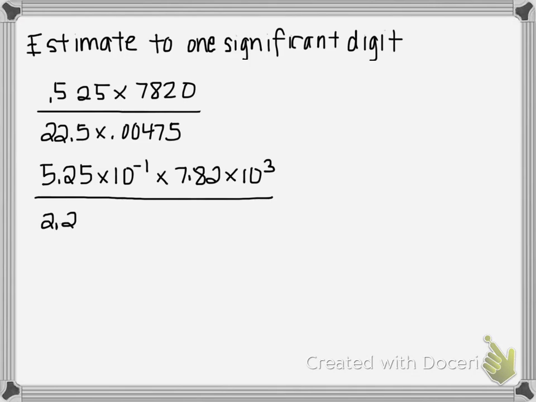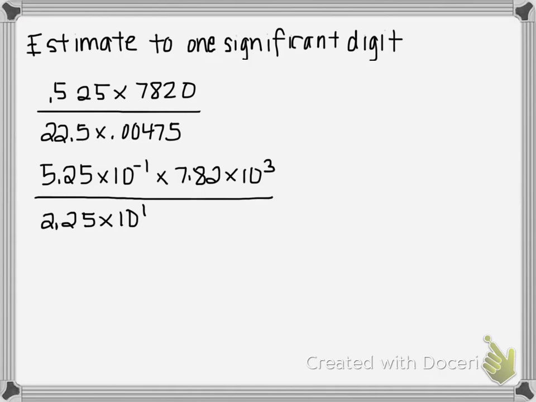So what's that here? 2.25 times 10 to the first, right? So let me just double check each of these at this point. 5.25 times 10 to the negative 1 would give me 0.525, so that's correct. 7.82 times 10 to the third would give me 7,820, correct. And 2.25 times 10 to the first would give me 22.5. So those are all correct.